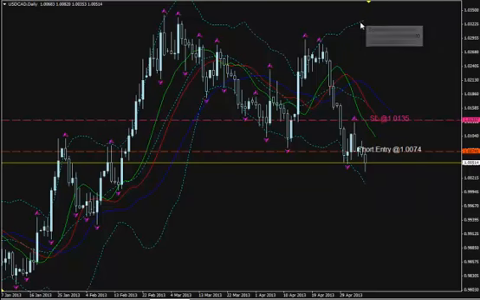Look at the edges of the Bollinger Bands. They are turned outwards. When they are turned outwards, because Bollinger Bands measure the volatility of the market, it means that they are prepared to contain big price movements.